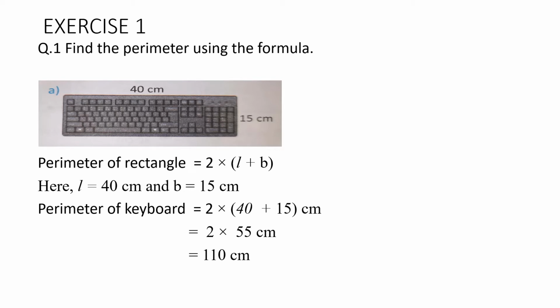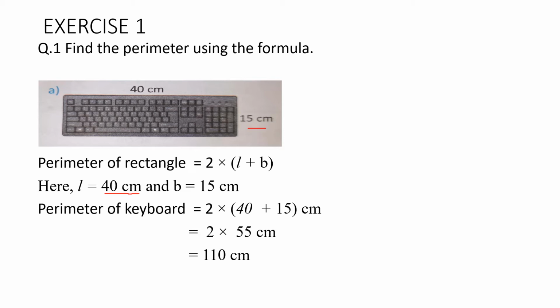Here you can see a keyboard. Find the perimeter using the formula. The length of the keyboard is 40 centimeter and the breadth of the keyboard is 15 centimeter.